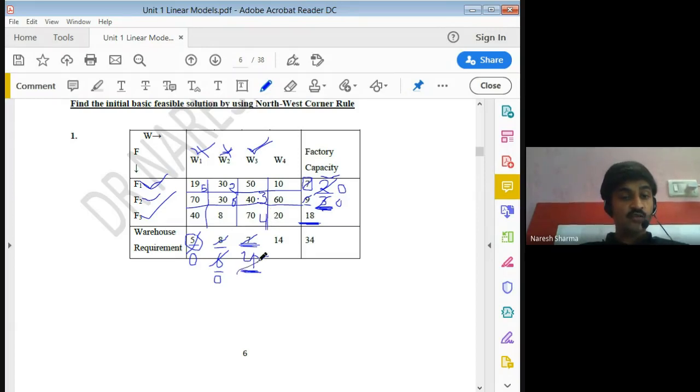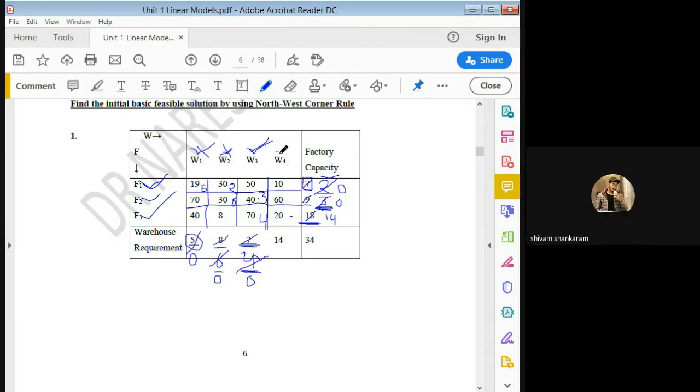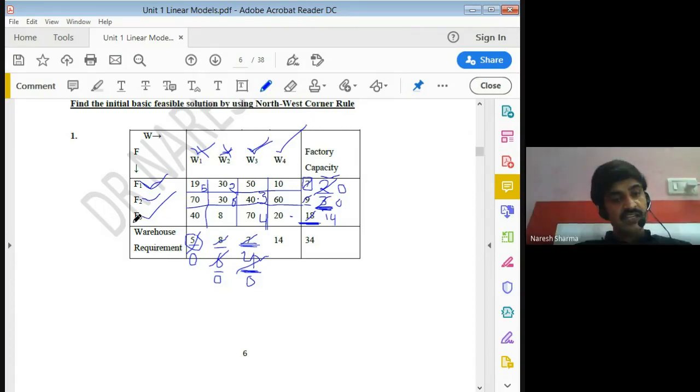This requirement is fulfilled, and the factory has sent 4 units, so it is now left with 14 more units. Now the fourth warehouse requirement is 14, and the factory F3 capacity is also 14, they are equal. So we fill 14 here.